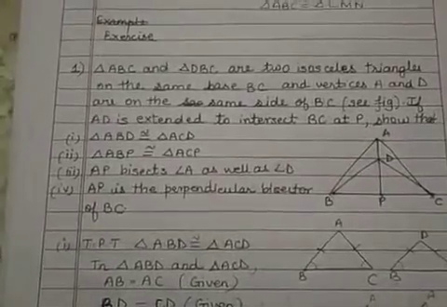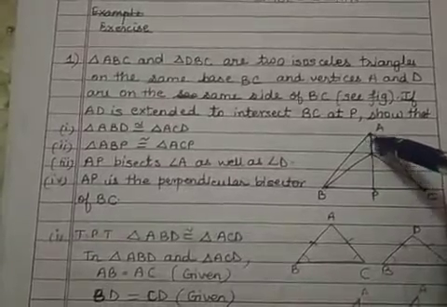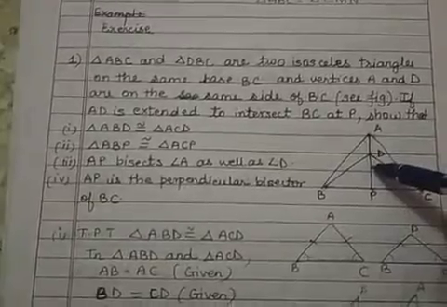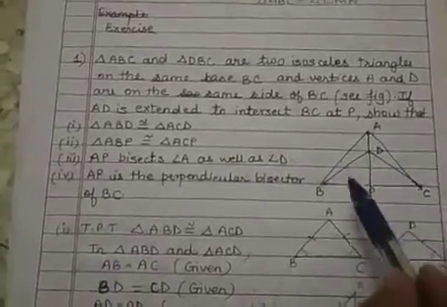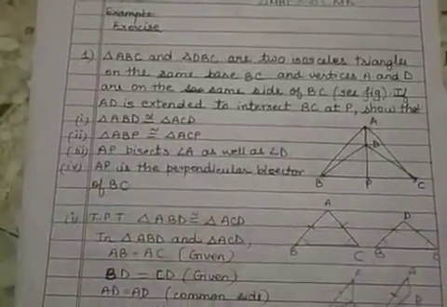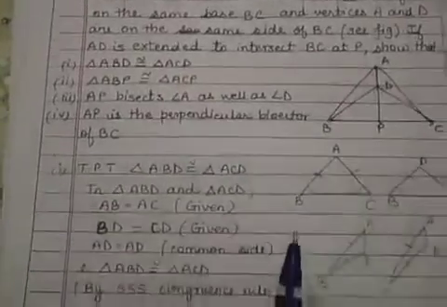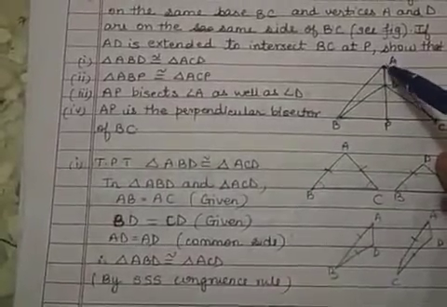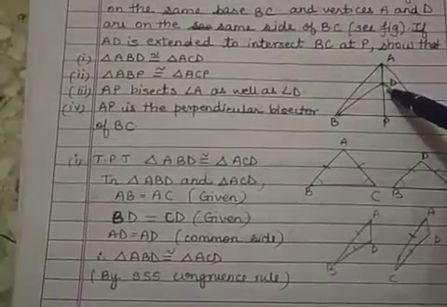Third, AP bisects angle A as well as angle D. And the fourth condition is AP is the perpendicular bisector of BC. So these are the four conditions which have to be proved. First let us take the first one. You have to show that triangle ABD is congruent to triangle ACD.